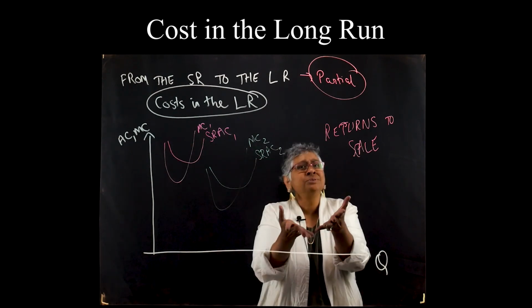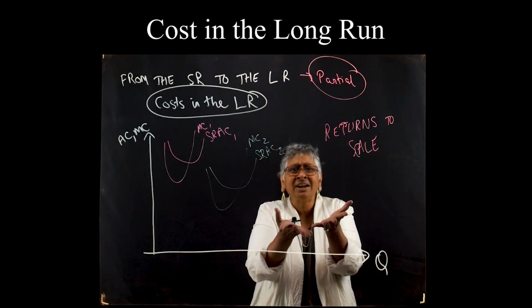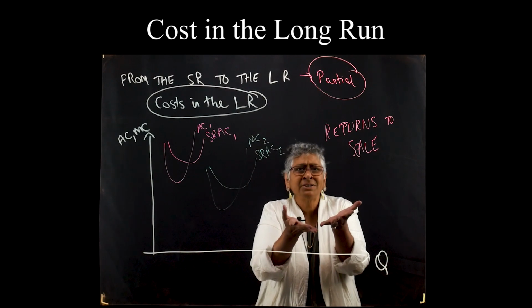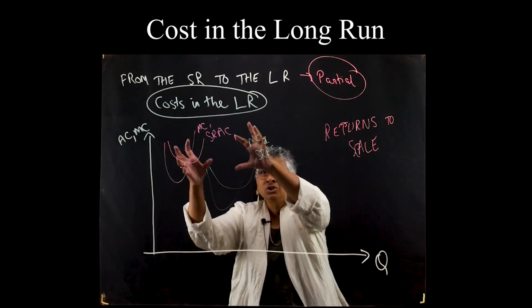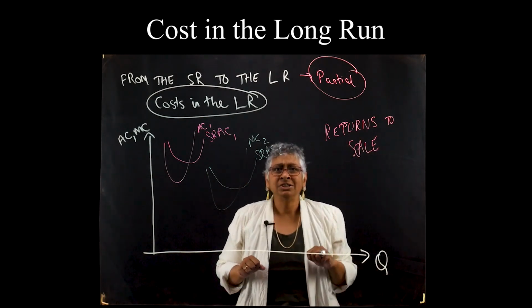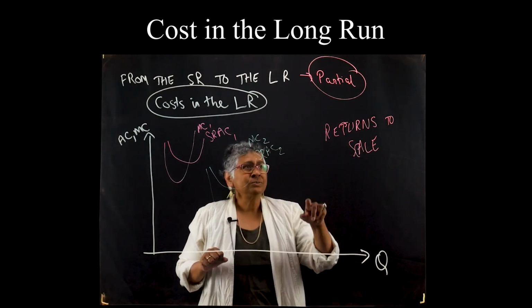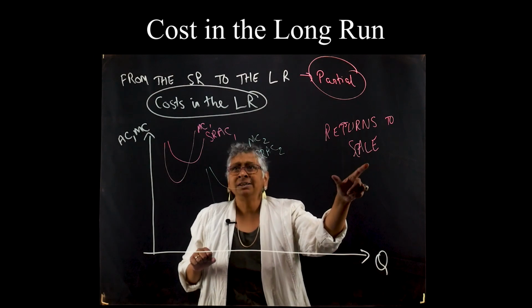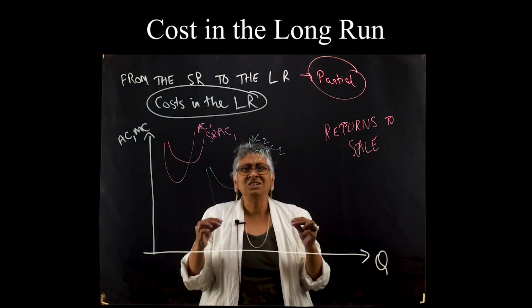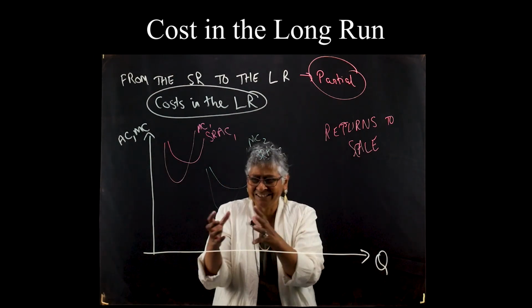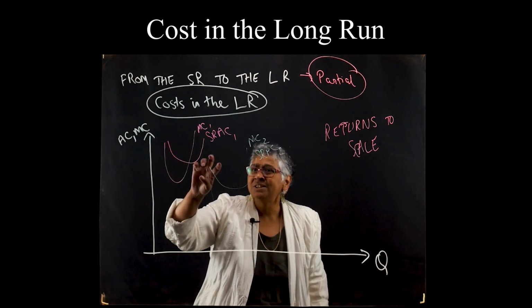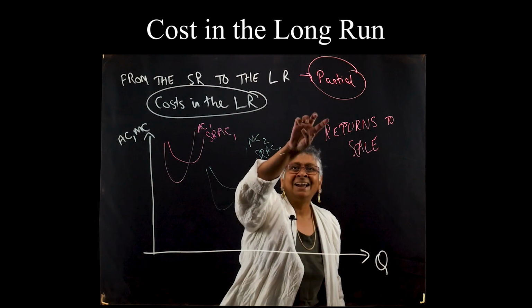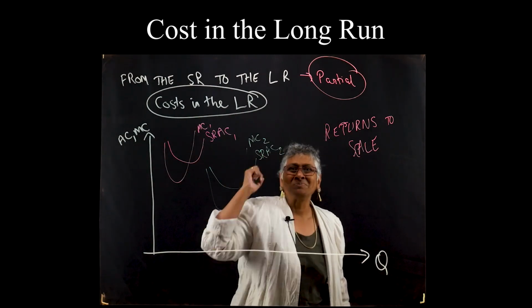But if you're producing tons of computers, Android phones, iPads, whatever, scale allows you to choose a technology which is cheaper. So the change in technology reflects what is called returns to scale, the scale of production. And so depending on the scale, I will have a different cost curve that makes more sense.